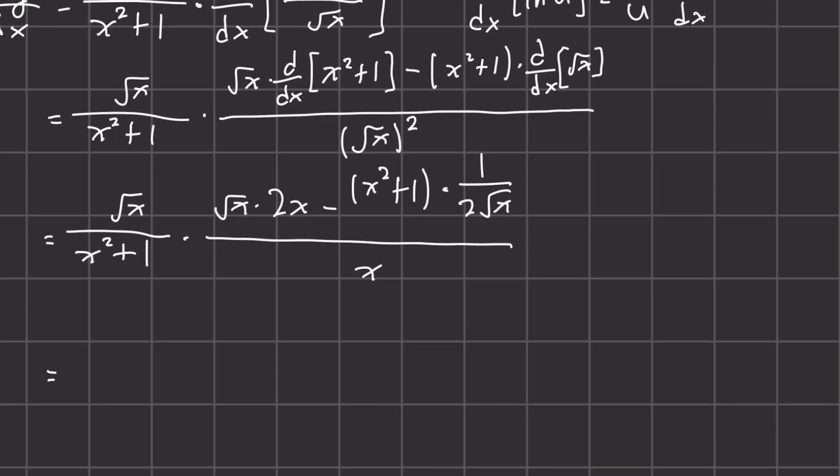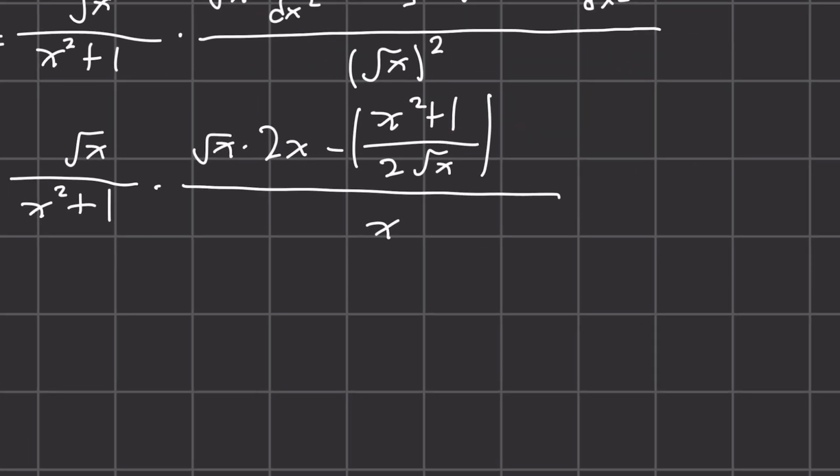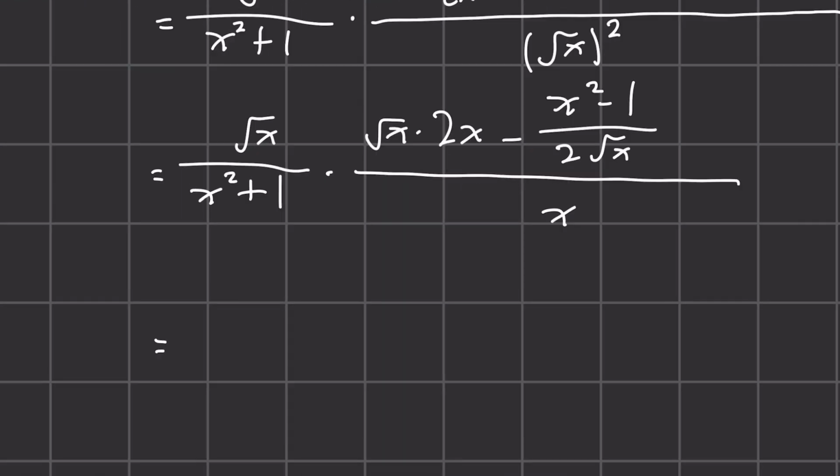And now we're right here. Let me just rewrite this as an actual quotient. So it's going to be x squared plus 1 all over 2 root x. Alright. I'll also distribute the minus. And so at this point we can just multiply the 2 fractions. We're just going to distribute, of course.